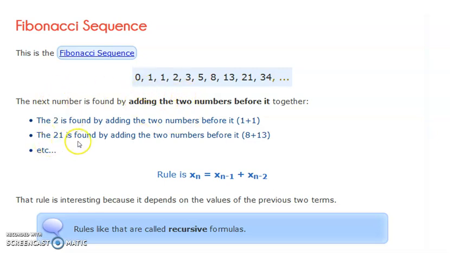The 21 is found by adding the two numbers before it, that is 8 plus 13. Every next term is obtained by adding the previous two terms. That rule is interesting because it depends on the values of the previous two terms. We also call it a recursive formula.